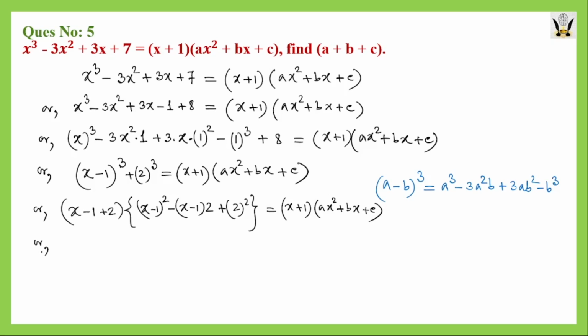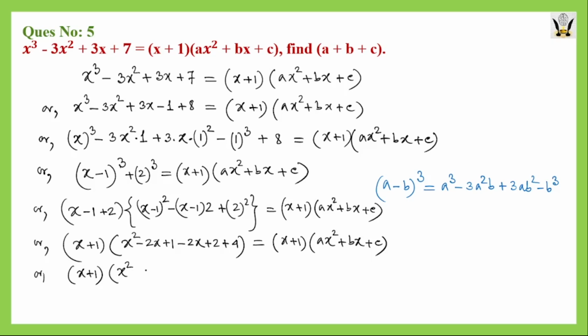If we simplify further, then we will have x minus 1 plus 2, so it will be x plus 1, and in the second factor we will have x square minus 2x plus 1. From here it will be minus 2x plus 2, and then plus 4. So here it will be x square, then minus 2x minus 2x, which is minus 4x, and the constant term will be 4 plus 2 plus 1, which is 7.